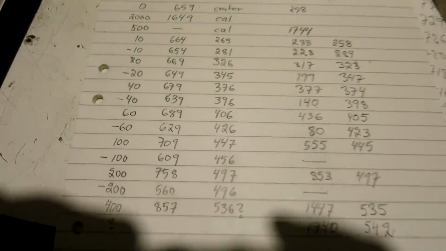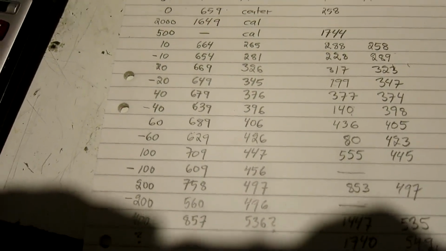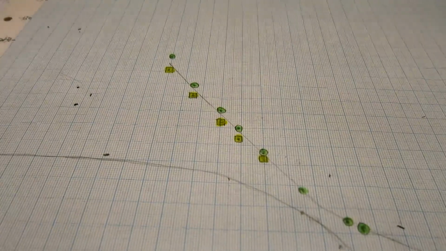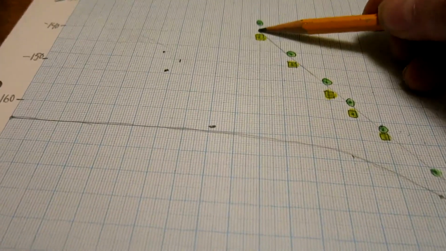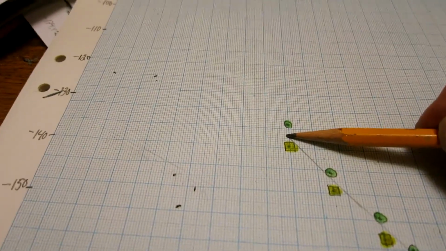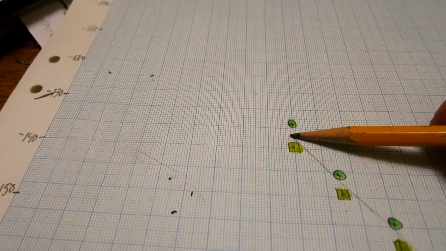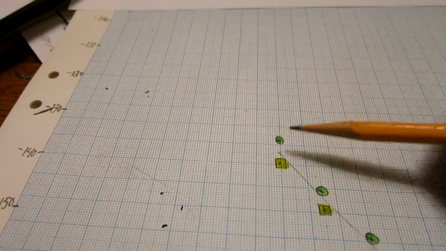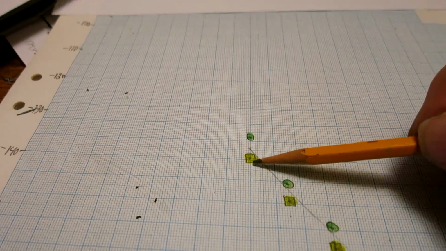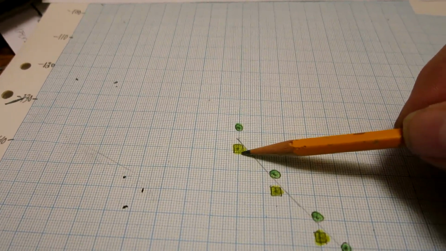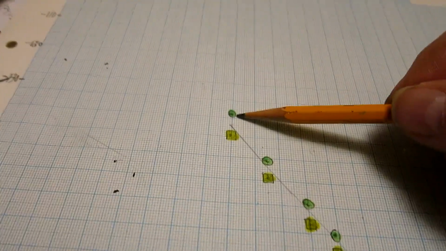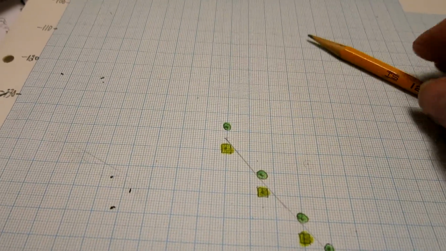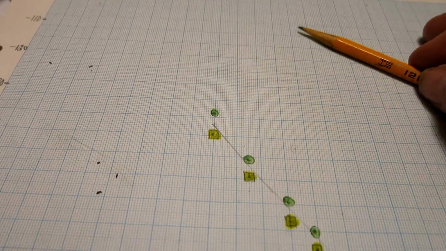That image evaluation ends up in a table like this. These are the data points I get. At 10 Hz, here it's about minus 138. The squares, yellow, are below 10 megahertz, and the green circles are above 10 megahertz.